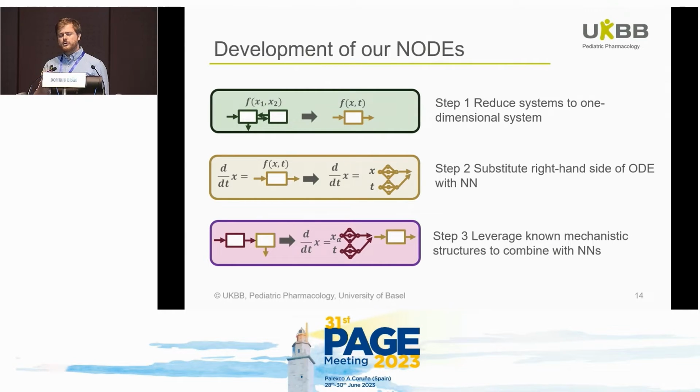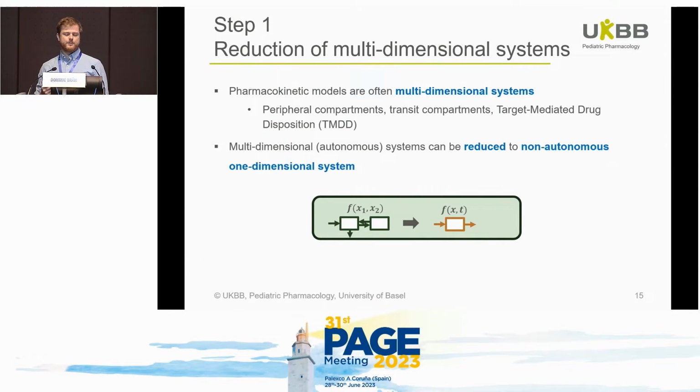Second, we then could substitute the right-hand side of the ODE with a neural network to get to our neural ODE. And in the end, we leveraged known mechanistic structures and combined them with the NODEs and the neural networks. So let's start with step 1.